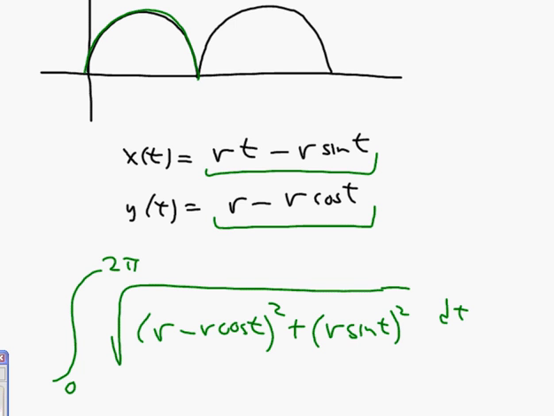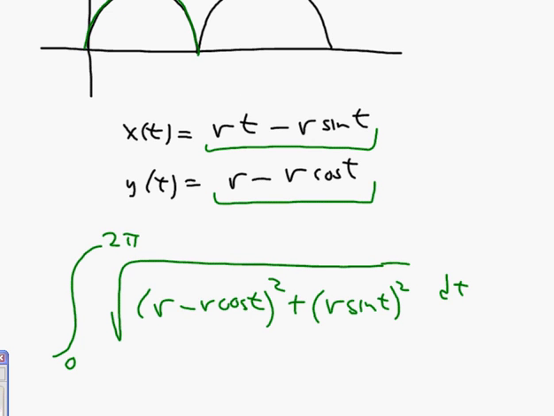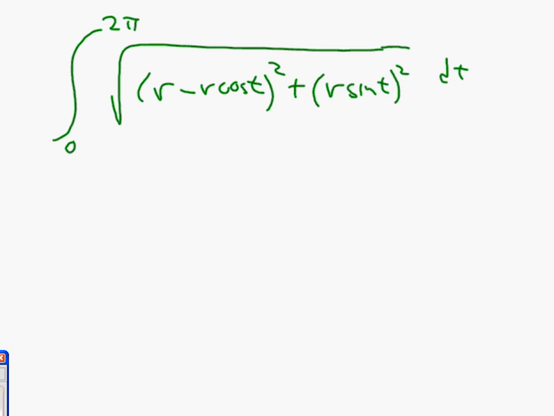So all I want to do is some algebra and see if we can figure it out. All right, so we should try and simplify this a little bit and sort of hope for the best. Well, if you look at this, this is r minus r cosine t times r minus r cosine t. And if we square that out, what do we get?